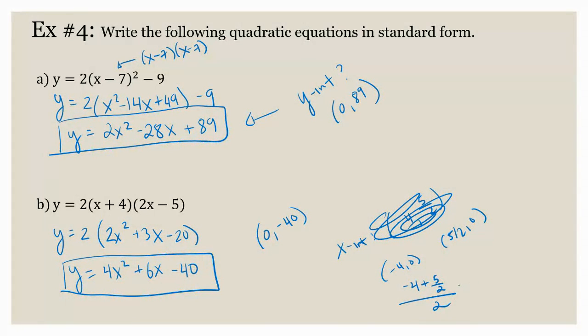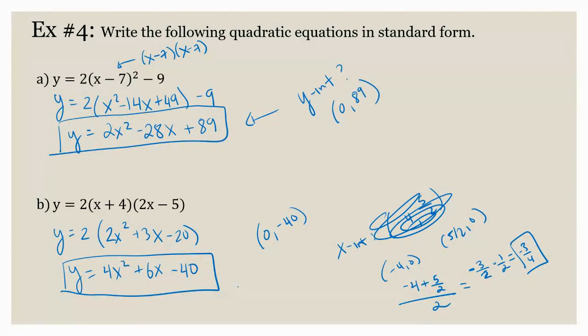The arithmetic mean. So negative 4 plus 5 halves, negative 8, what is that, 3 halves? Negative 3 halves. Divided by 2, so that's times 1/2. I get negative 3/4. That's actually going to be the x-coordinate of the vertex.